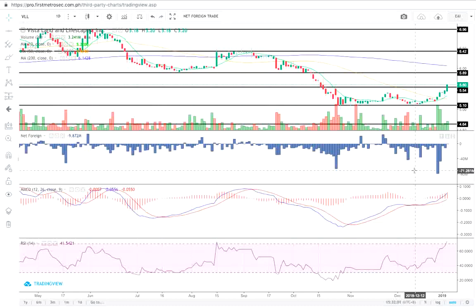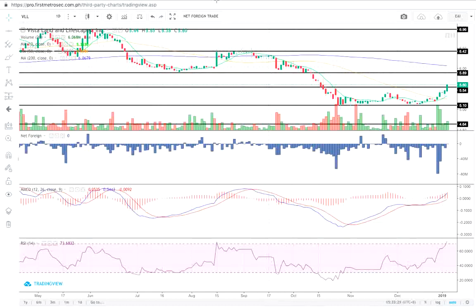Okay? Why the trailing stop loss? Because your trailing stop loss is computed using your risk tolerance percentage. You will know more about this once you've read that newsletter that I sent before, which is focused on the computation of trailing stop loss and why you should incorporate it in your trading arsenal. So that's what I see on the chart of VLL.